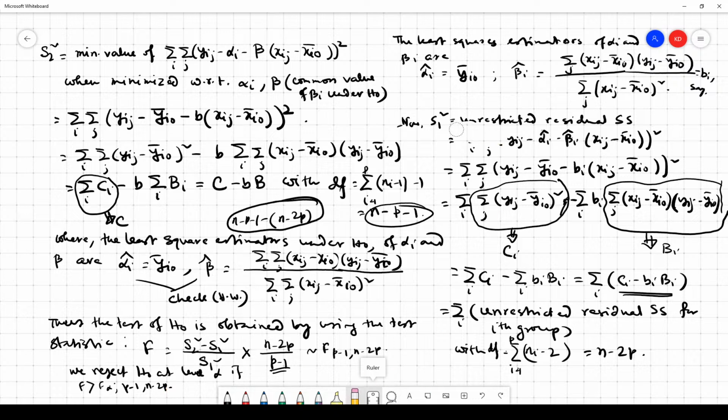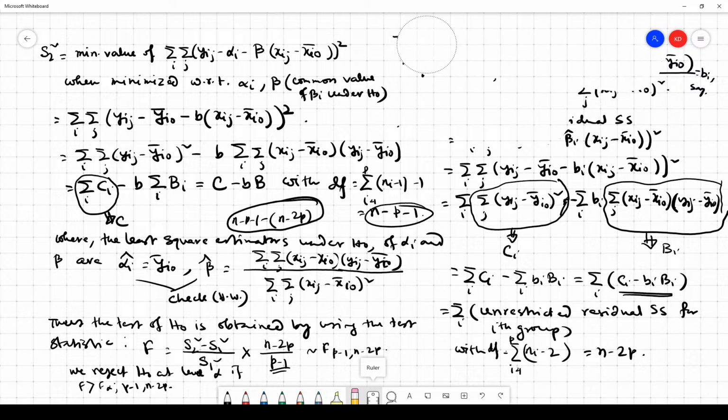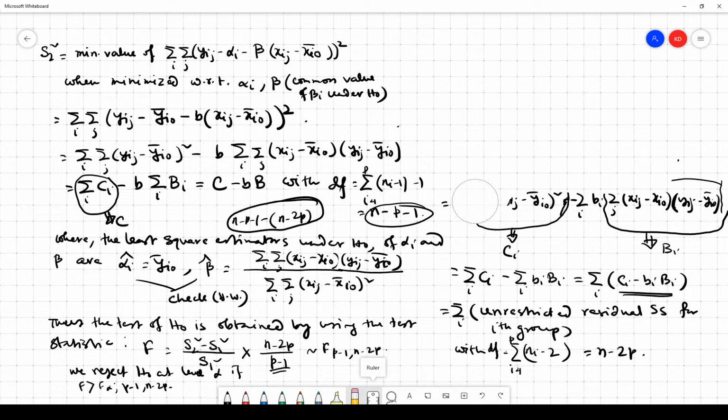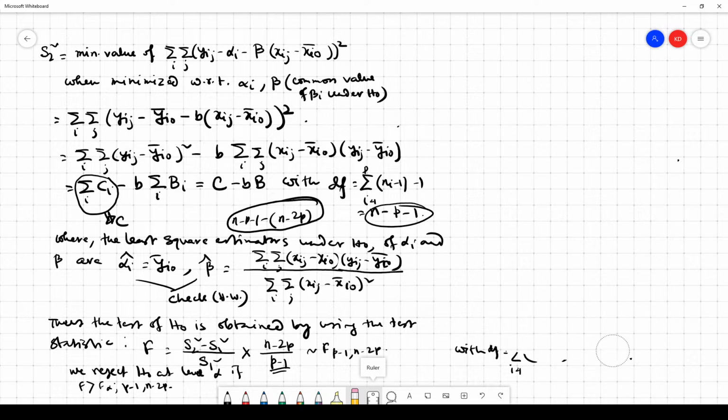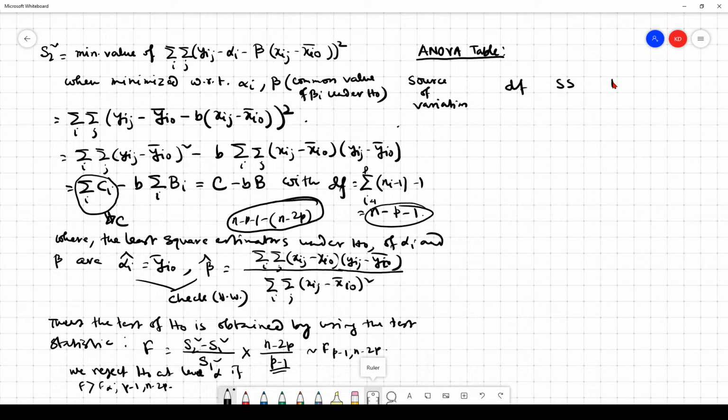So now the ANOVA table. The first column is source of variation, the second column is degrees of freedom, third is SS, then MS, last is F ratio.